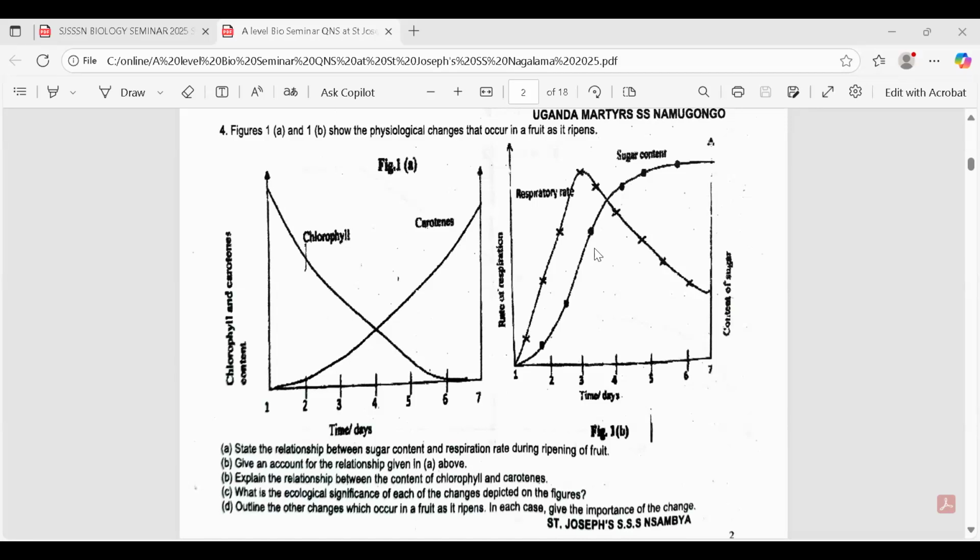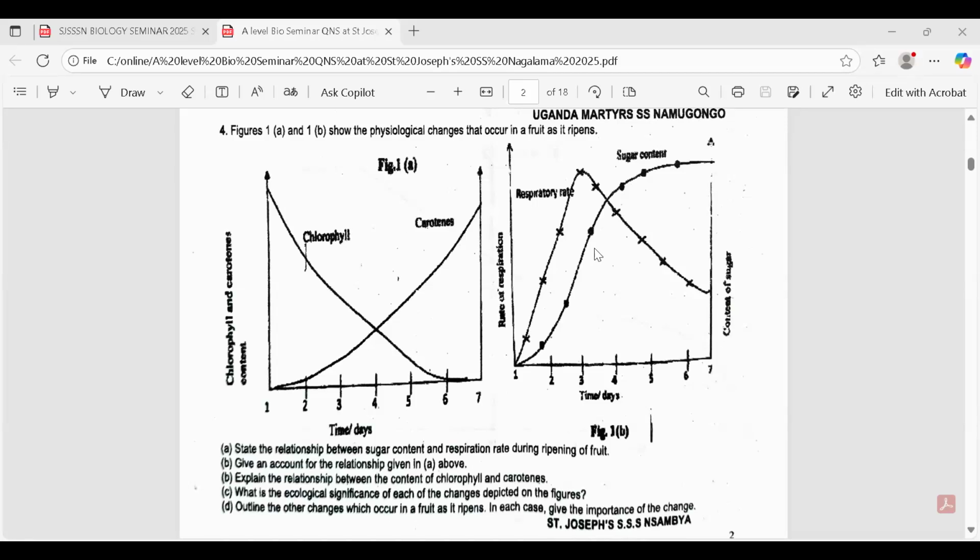as the respiratory rate increases, the sugar content increases, or we can even set the direction. For example, as the respiratory rate increases rapidly, the sugar content increases rapidly, comma, then, but we are seeing that respiratory rate is attaining a peak here.